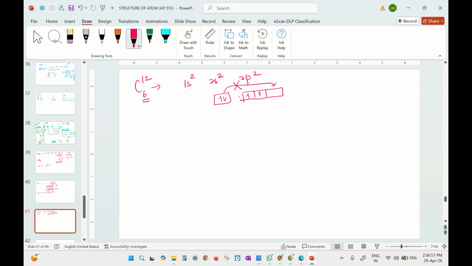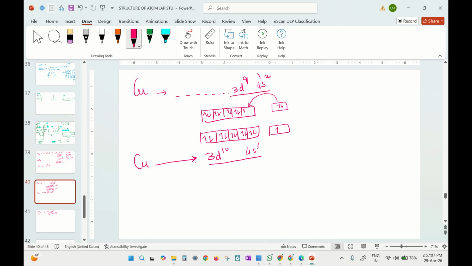Why it does not happen, we will progressively see, based on the energy difference. Here we are asking the electron from the fourth shell to get inside the third shell, whereas for carbon it is between the same principal quantum number. When we did Bohr's model, we calculated the energy difference between the various shells.